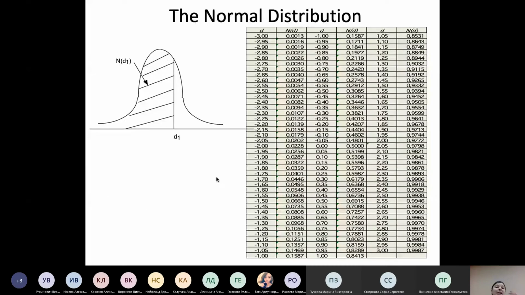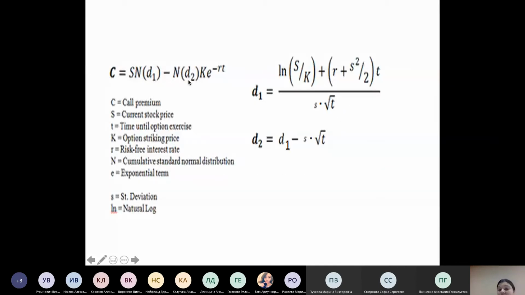Now, as I demonstrated on this slide earlier, let's sum up: the cumulative standard normal distribution of D1 proposes the possibility of creating the external conditions for expiration, for realizing our option, and the cumulative standard normal distribution based on our D2 proposes the information of realizing the option.